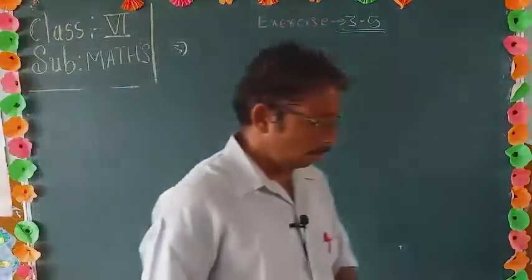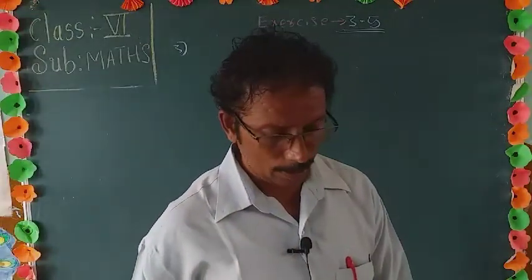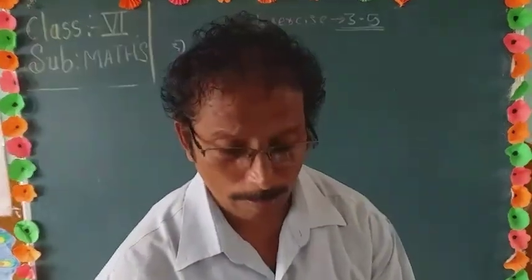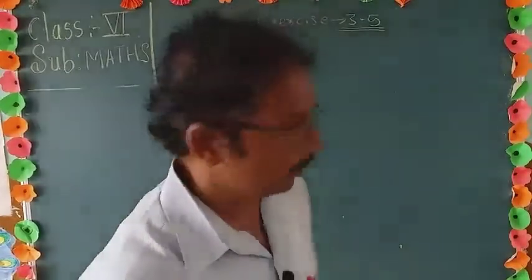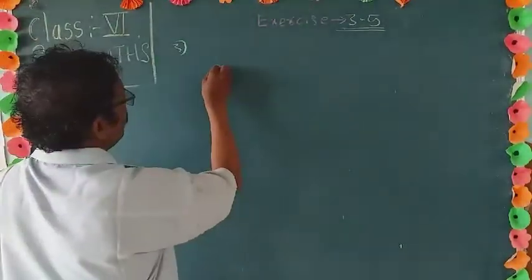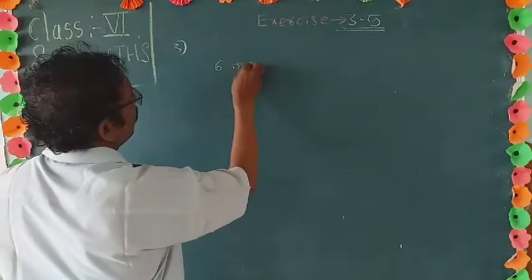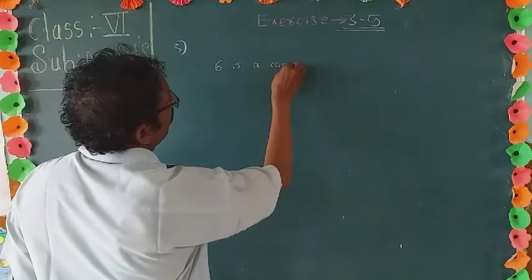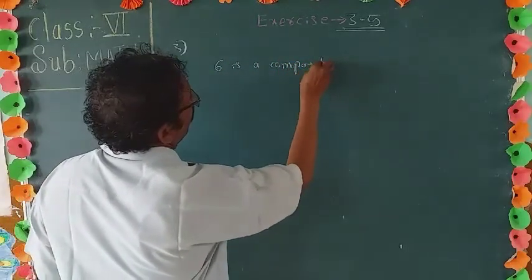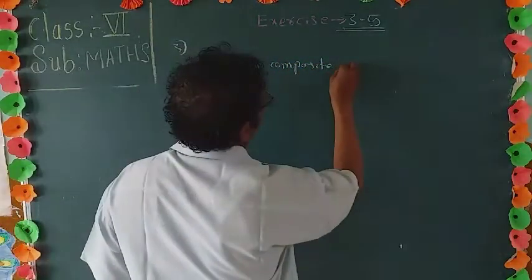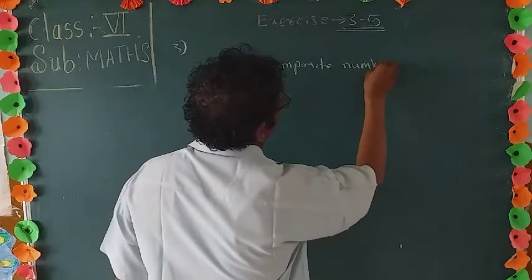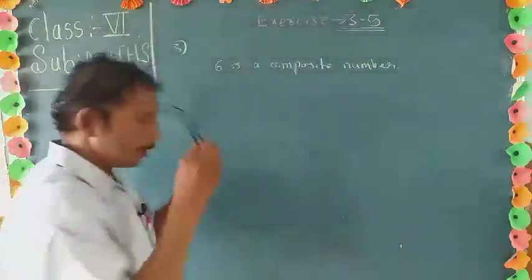See students, let us take for example 6. 6 is a composite number. Why is 6 a composite number?